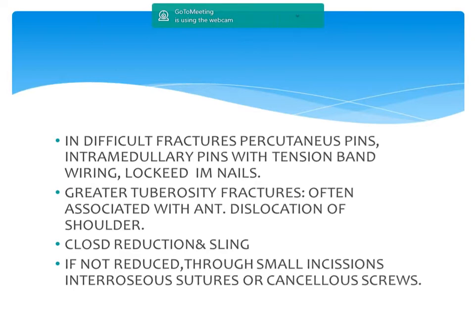That is very important. When you reduce the shoulder, automatically the greater tuberosity will come in contact with the main shaft. So automatically these also will come into place. So then you can do closed reduction and apply the sling. If not reduced, then with a small incision, you can put either some interosseous suturing, or cancellous screws. If it is a single non-comminuted greater tuberosity fracture, simple greater tuberosity fracture.